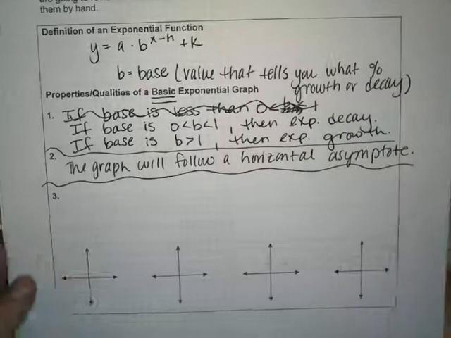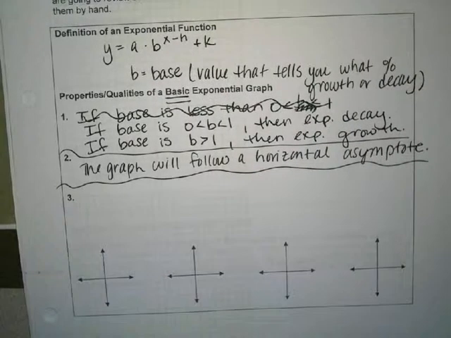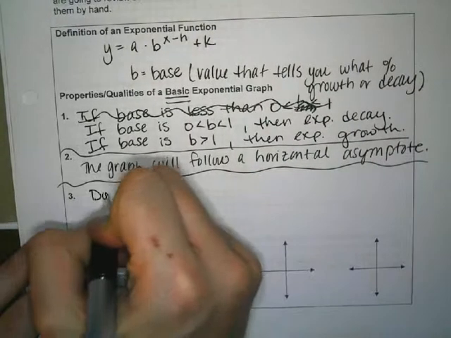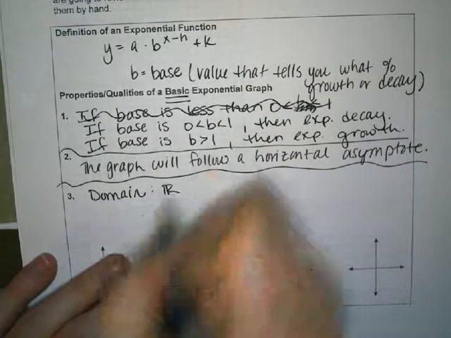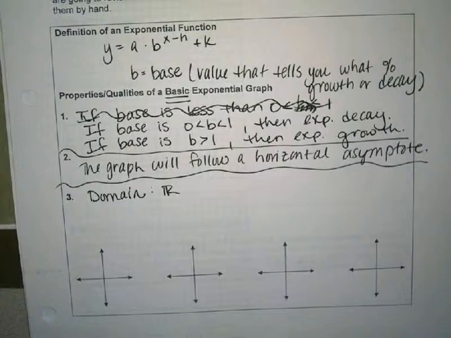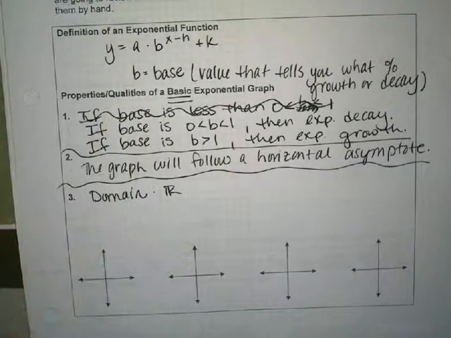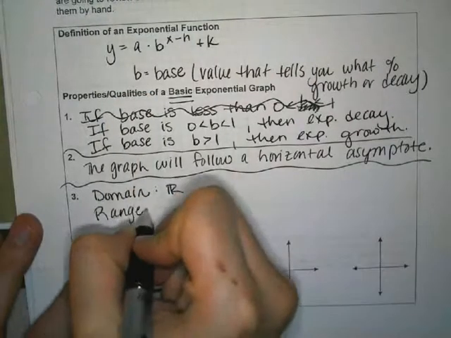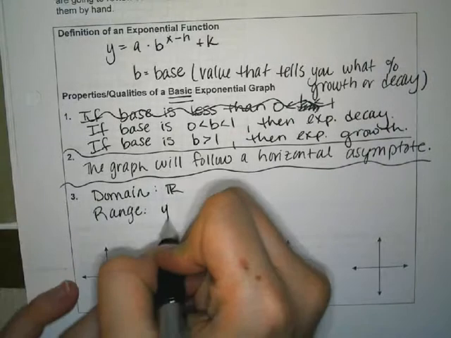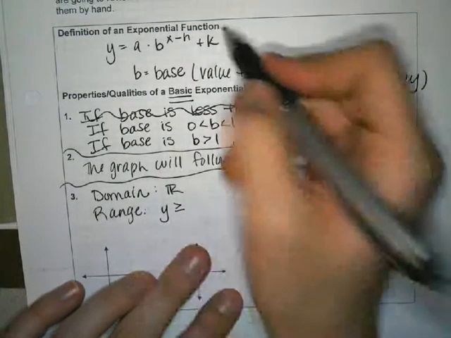Okay. And then the third thing that we always refer to is the domain. The domain will always be all reals for an exponential function because you can plug in any x you want, because anything can be raised to a negative power or to a 0 or to a positive power. But your range is going to be affected by how much you shift.